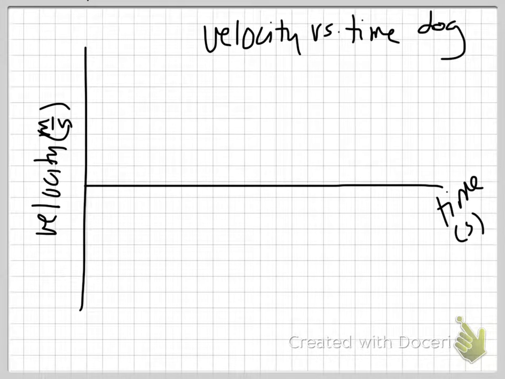Okay, so here I have a slightly different graph. I have origin for velocity. 1, 2, 3, 4, 5. And then, -2, -4, -6, -8.